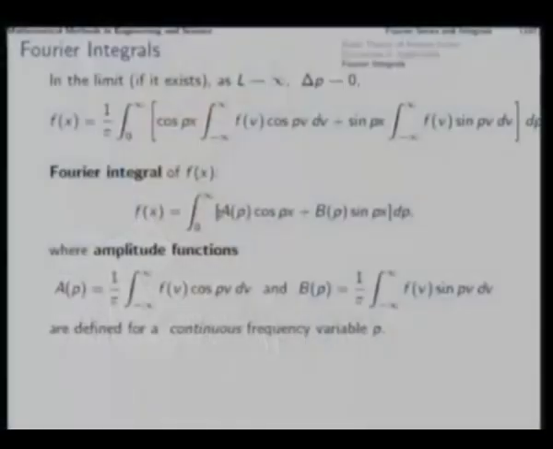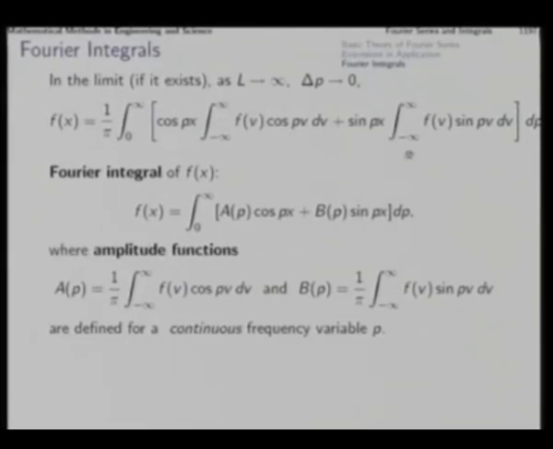So, in place of Fourier coefficients indexed with an integer variable n, we have got Fourier coefficients which turn out to be continuous functions of the frequency variable p, and these are in a way the corresponding amplitude functions a(p) and b(p), which are these two integrals.